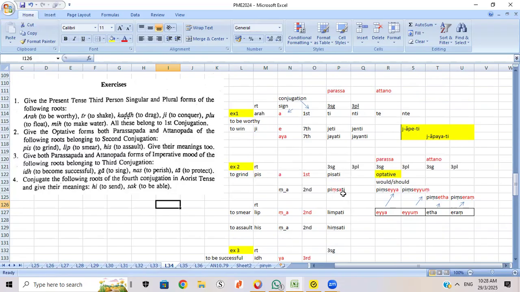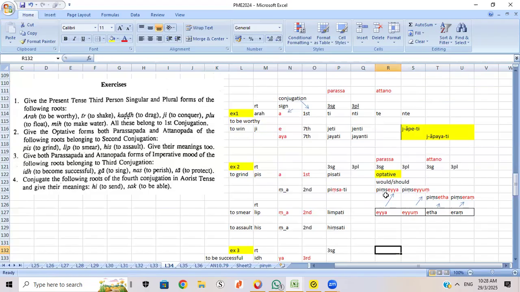You see, pimsati, take away the ti, that means the base is pimsa without the ti. I put a line like that so that you can see. Pimsa is the base. So you see, the a and the eyya, the a is gone. It becomes pimseyya. Follow, pimseyya.